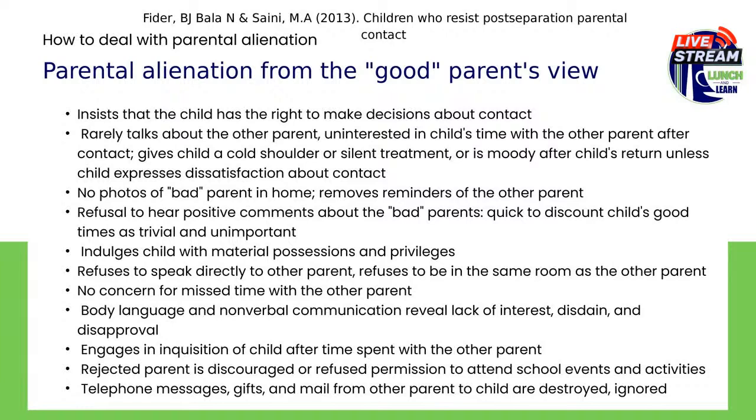They would just say, you know what, I don't agree and I don't like it when you go to the father. Usually what happens is that all the photos of the bad parent are removed, and all the reminders and gifts would also be removed. Interestingly enough, we also found in practice that many of the telephone messages and the gifts from the other parent are also destroyed or ignored or never given to the child as a form of punishment.